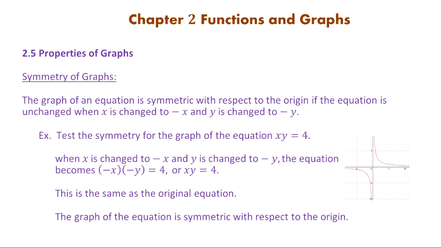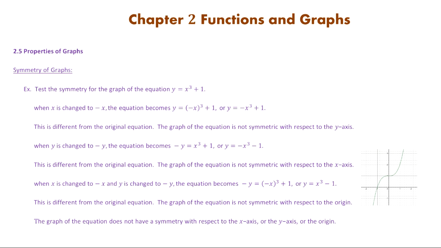So let me just move to the next example. Not all graphs have symmetries. Obviously, there are tons of functions that will not meet any of those three types of symmetries we just discussed.